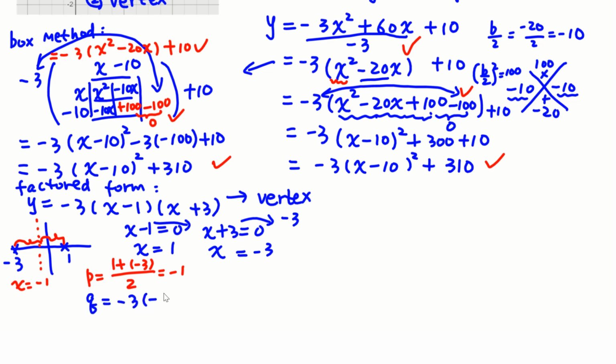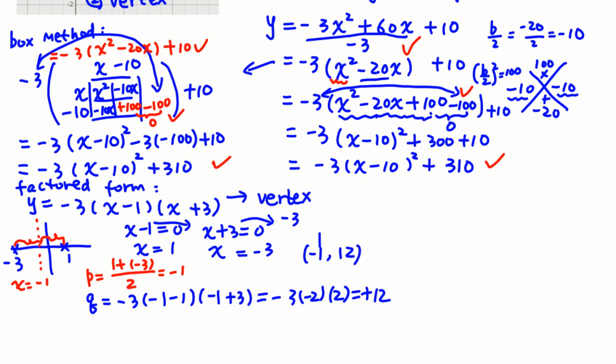Negative 3 bracket negative 1 minus 1, then negative 1 plus 3. You will have negative 3 times negative 2 and 2, which gives you positive 12. So you will have negative 1, 12 as your vertex.